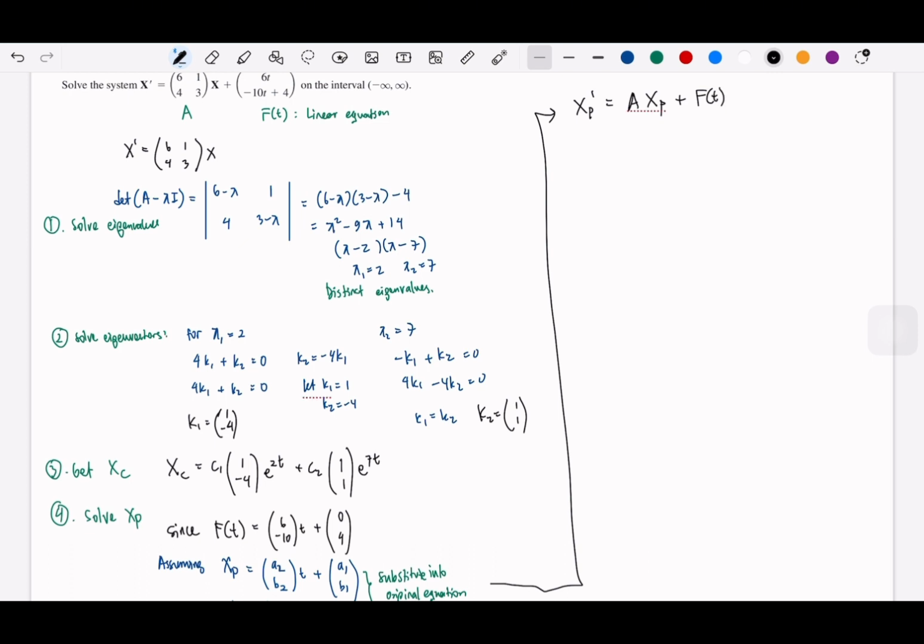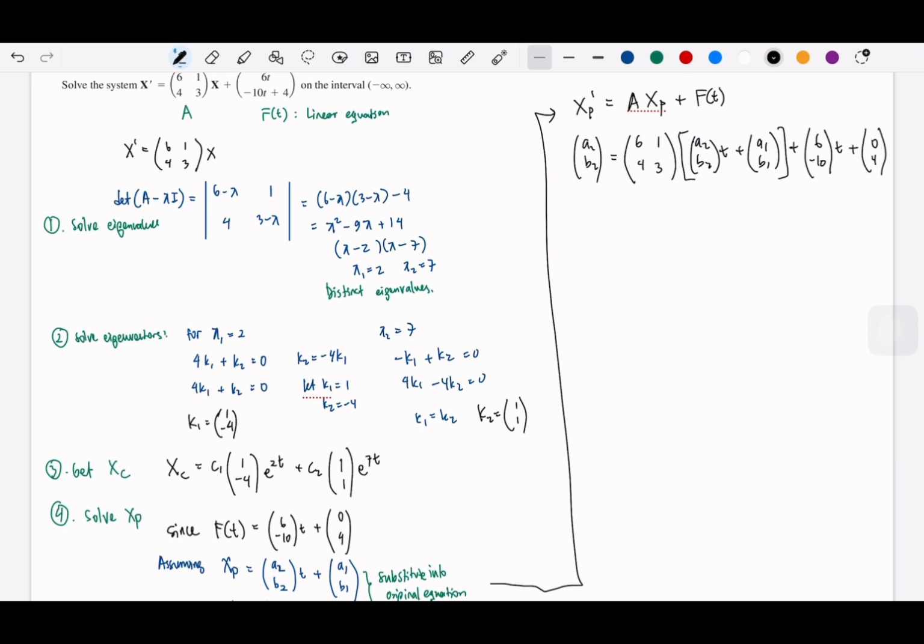So xp prime will be a2, b2, A will be 6 1 4 3, and then the xp will be a2 b2 t plus a1 b1, and then plus 6 negative 10 t plus 0 4.